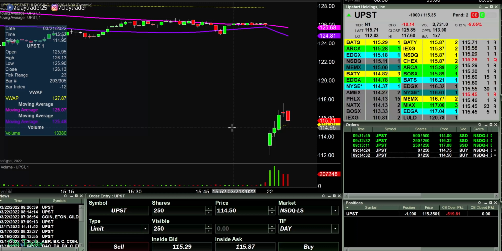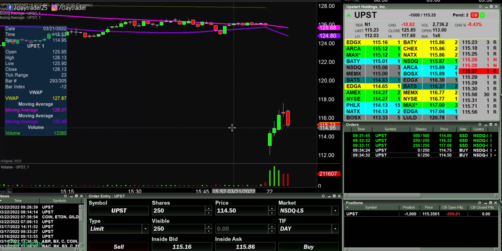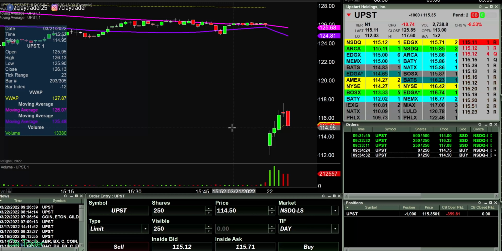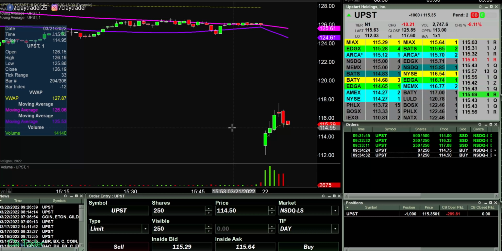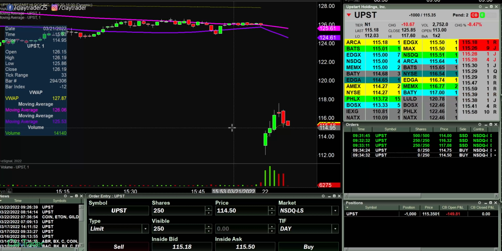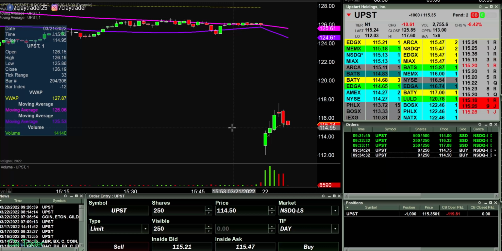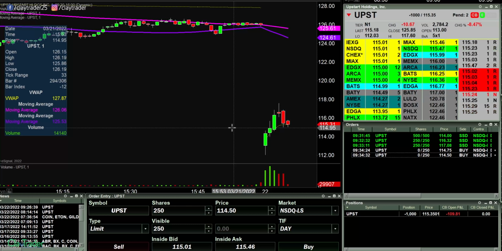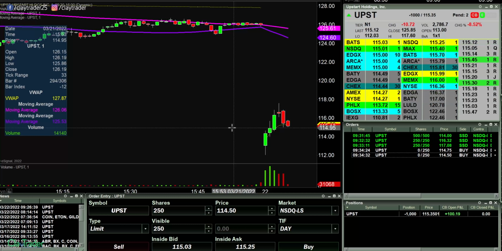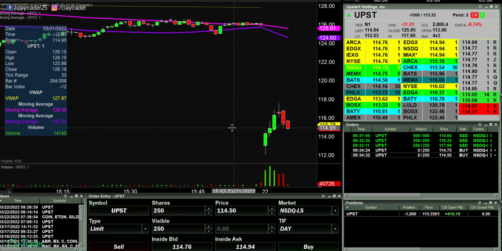If 115 breaks, should get a nice jolt to the downside. Knocking on the door again. There's the break.